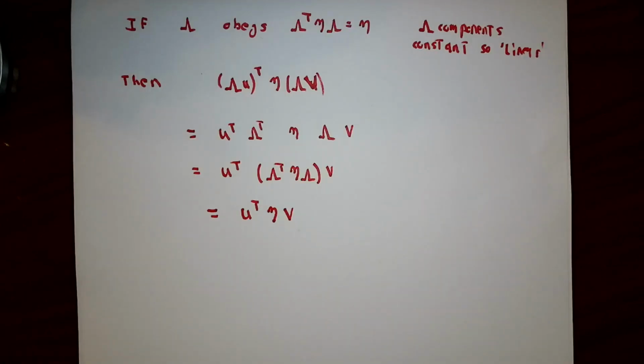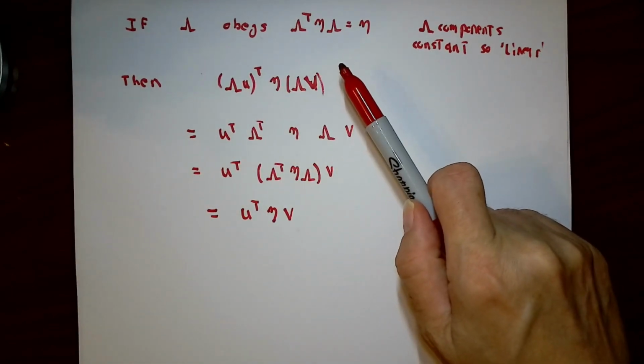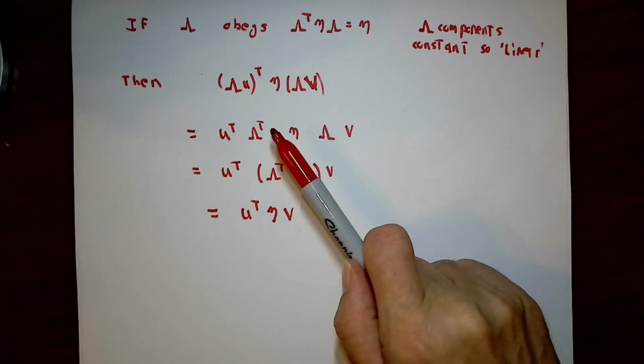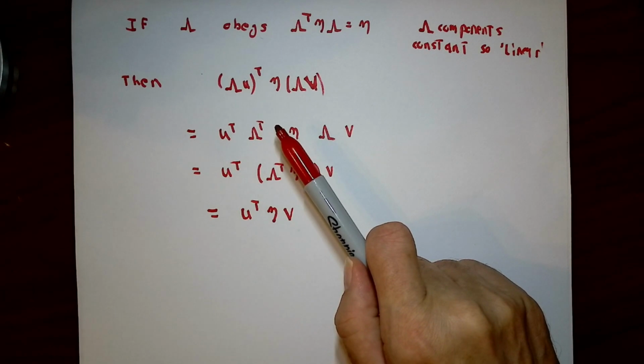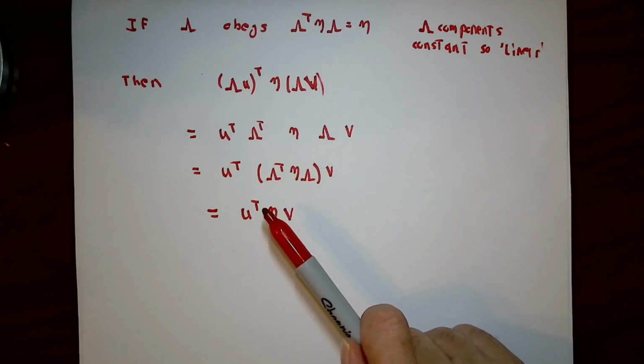If lambda is a matrix of constants, in the sense that they don't depend on the coordinates, so that we have a linear transformation, and if lambda obeys lambda transpose eta lambda equals eta, then look at the dot product of the transformed vectors after doing the kind of algebra that we've talked about before.